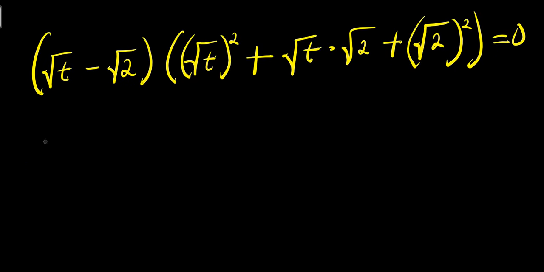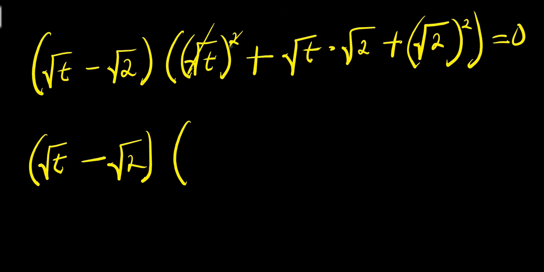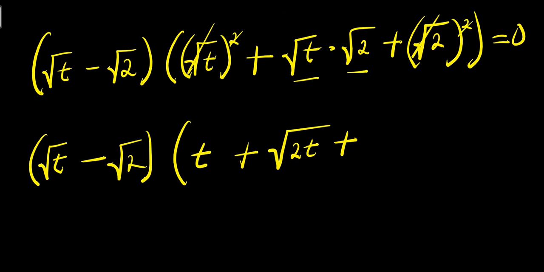So from here we have square root of t minus square root of 2. This cancels this. I have t plus square root of t times square root of 2, which is square root of 2t. This cancels this. I have 2.